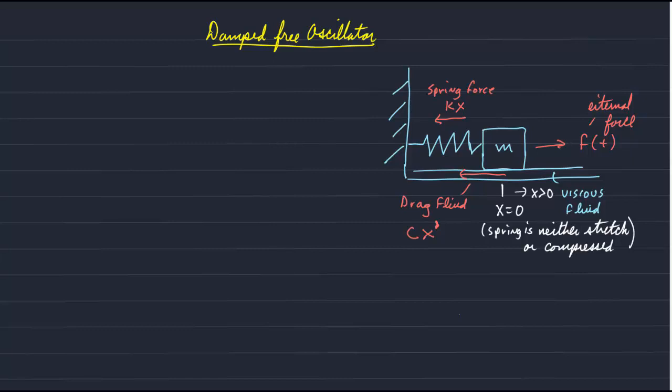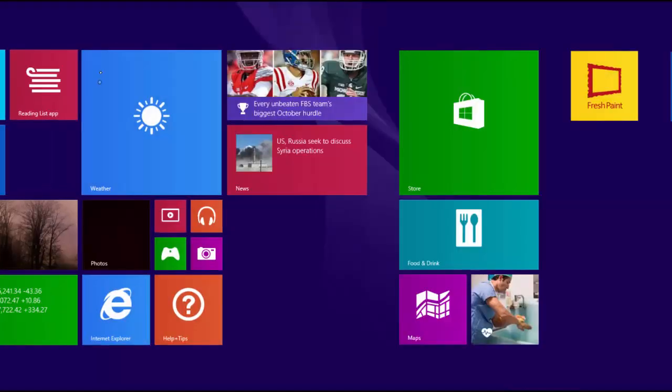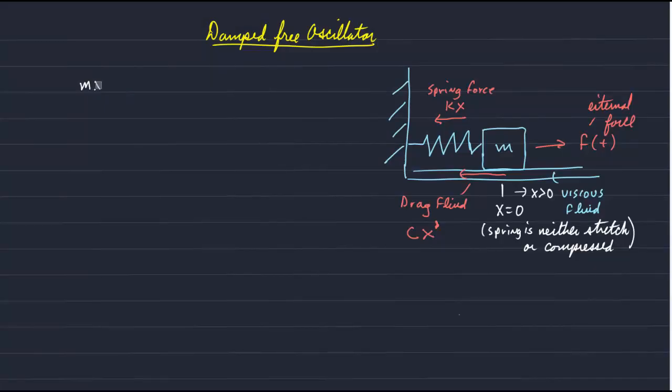With those forces acting on our mass, we have mass times acceleration, acceleration being x double prime. x is our position and time is our independent variable, so x double prime is the second derivative of x with respect to t.